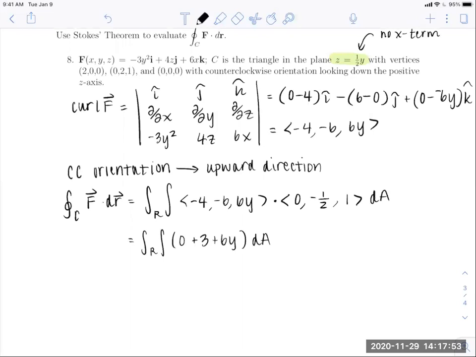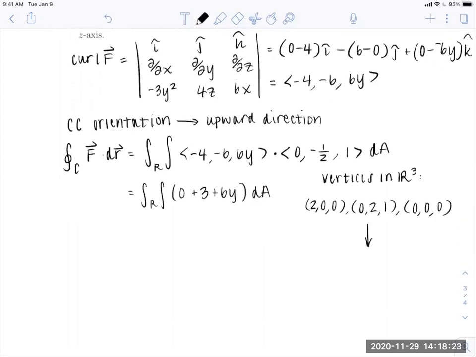All right, so now we need only compute the limits of integration here based on what our curve is. Now we know that C is a triangle in a plane. And remember, we had vertices in 3-space. And those vertices were (2, 0, 0), (0, 2, 1), and (0, 0, 0).